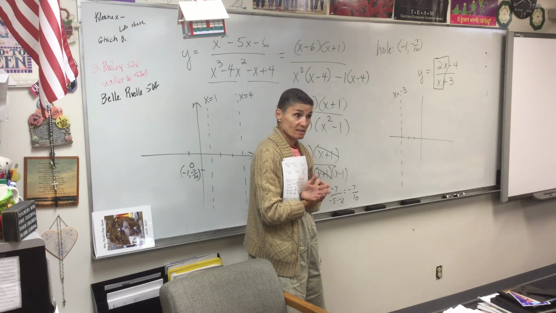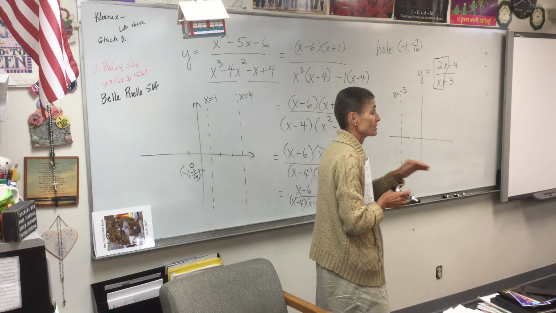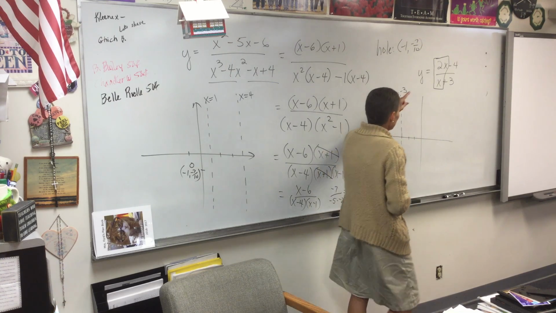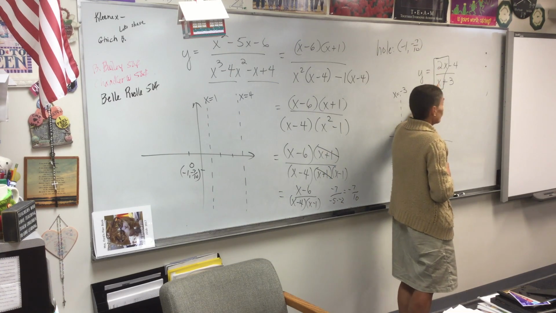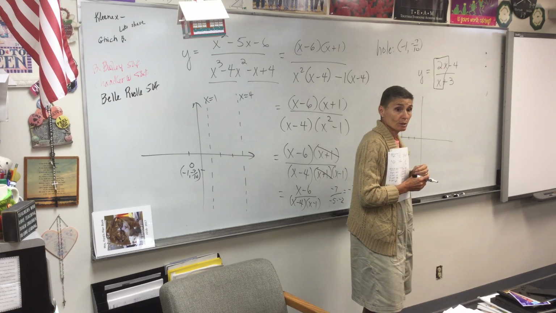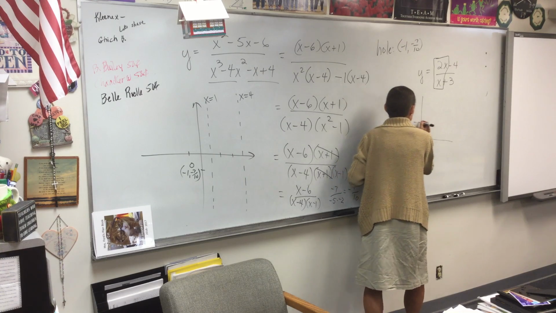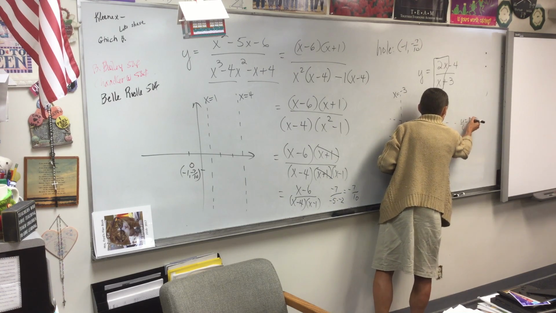So we have an x to the first. That's the highest power that we have. We don't have any squares or cubes. If I put 2x over 1x, that would reduce to 2. So my horizontal asymptote is at y equals 2.